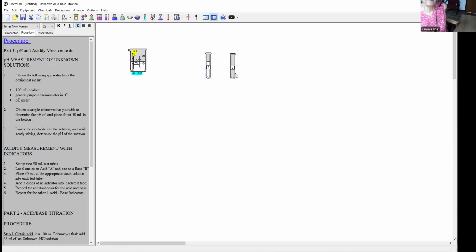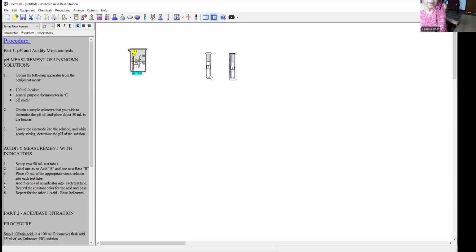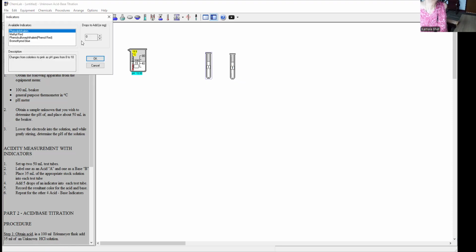And in the second flask, again go to chemicals. You add the base again. We will add 35 mLs and say okay. Now we will add indicator. The first indicator we are going to add, maybe we'll add.